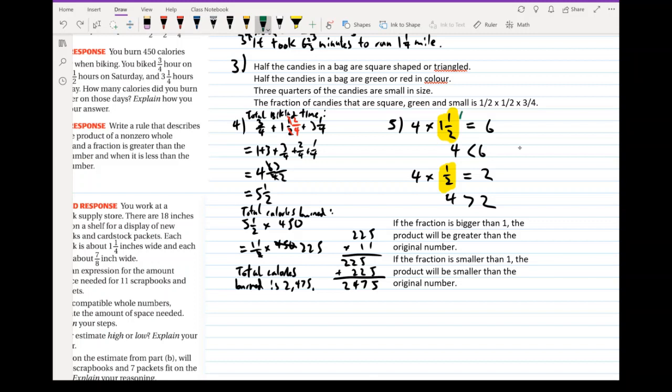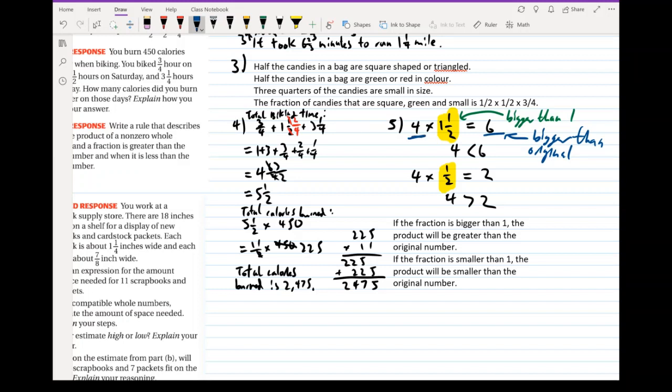This fraction is bigger than 1, and so the result will be bigger than the original number 4 over here.